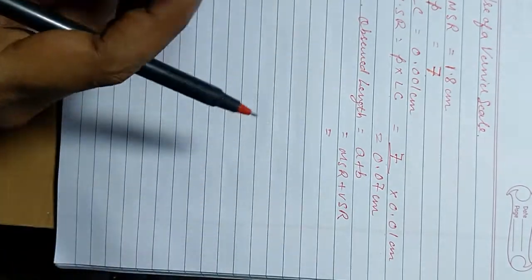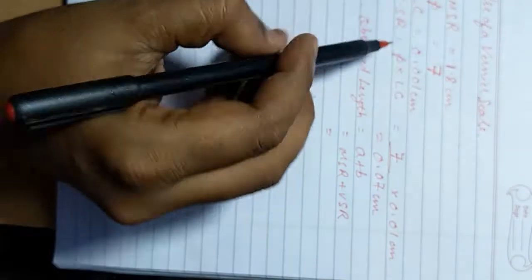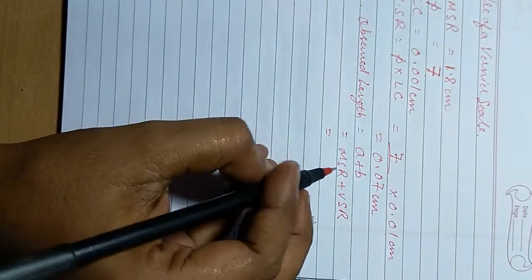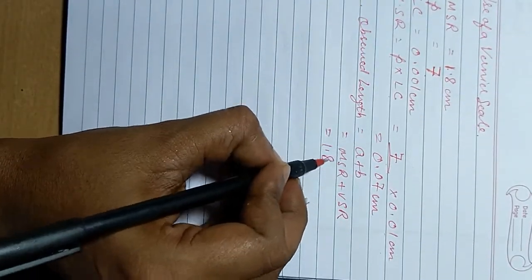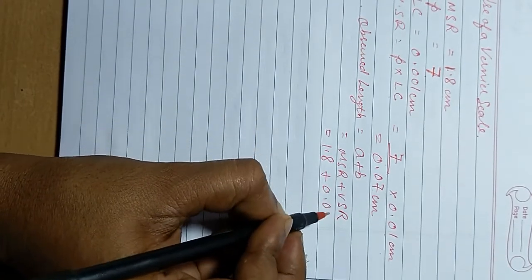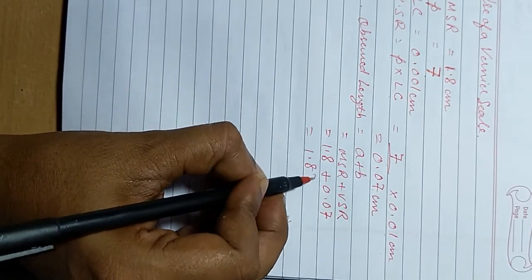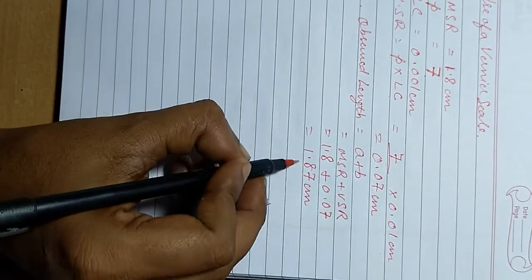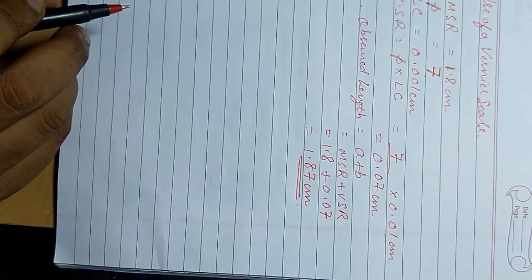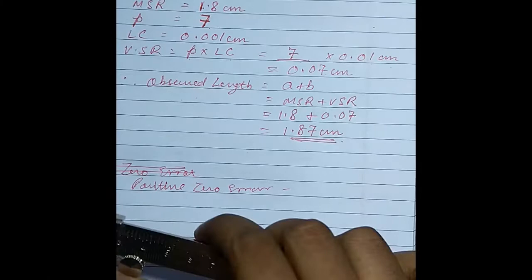To find the final diameter of this tube, we add our main scale reading, 1.8, plus 0.07. So after adding, we get 1.87 centimeter, which is the final reading. Is it clear, children?